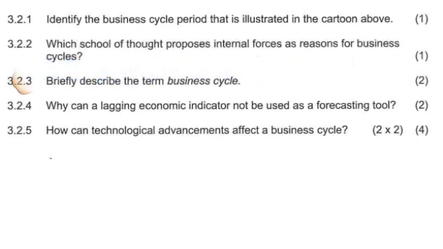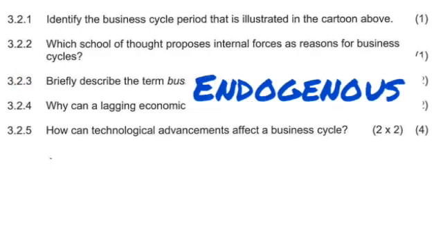In 3.2.2, it says, which school of thought proposes internal forces as a reason for the business cycle? Now, in the previous video that we did on business cycles, we never got into the endogenous and exogenous schools of thought. By school of thought, we are basically saying the forces that are influencing our business cycle. So if they're internal, we call them endogenous forces.